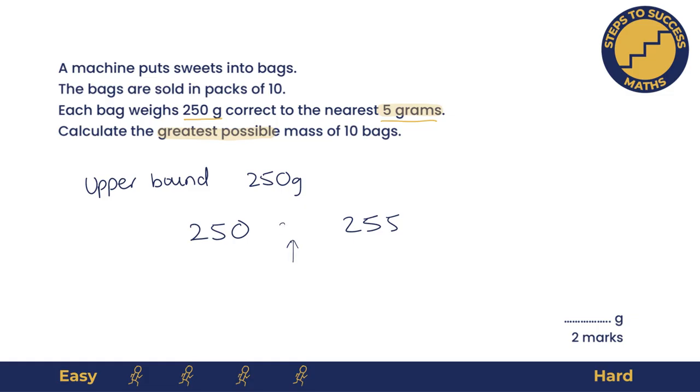So that's 252.5. Remember, we always go for where it changes when we're talking about upper bounds. And so we need to do 252.5 times our 10 bags. So that's 2,525 grams.